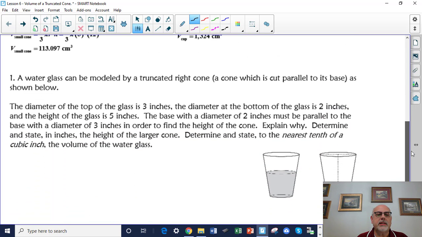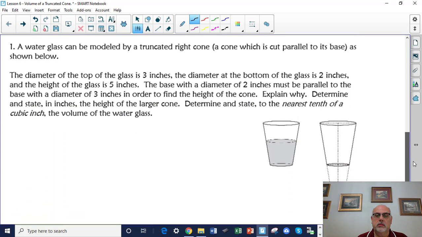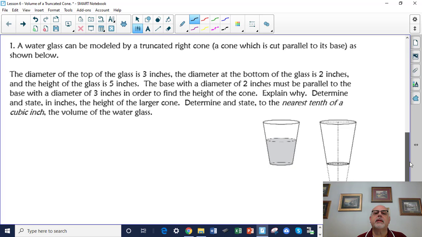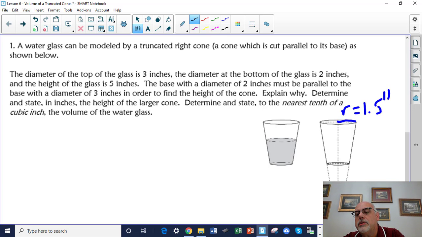So, a water glass can be modeled by a truncated cone, all right? Cone which is cut parallel to the base. The diameter of the top of the glass is 3 inches, all right? So then the radius of the top is 1.5 inches, okay? And the height of the glass is 5.